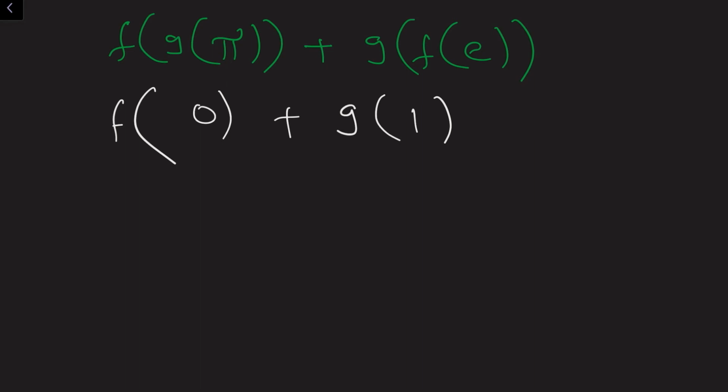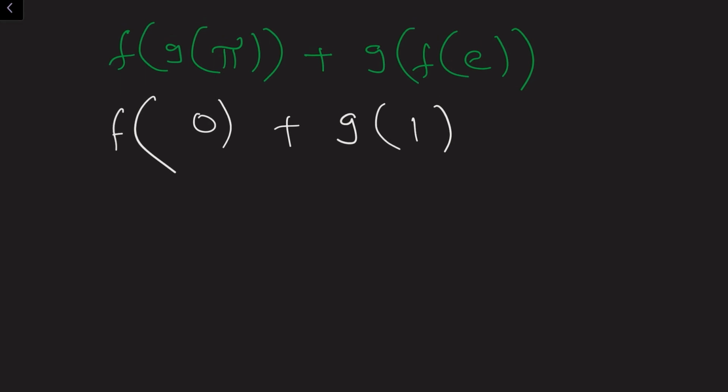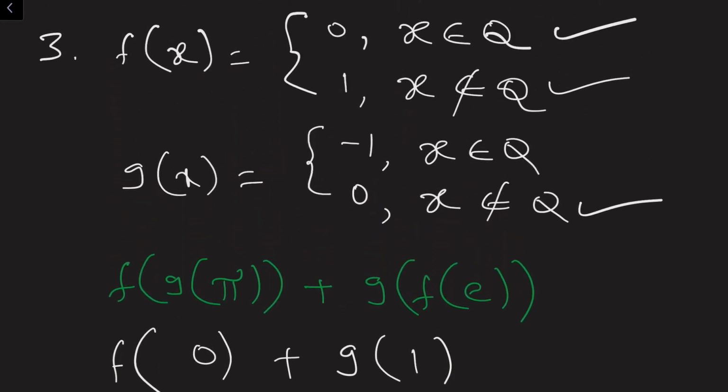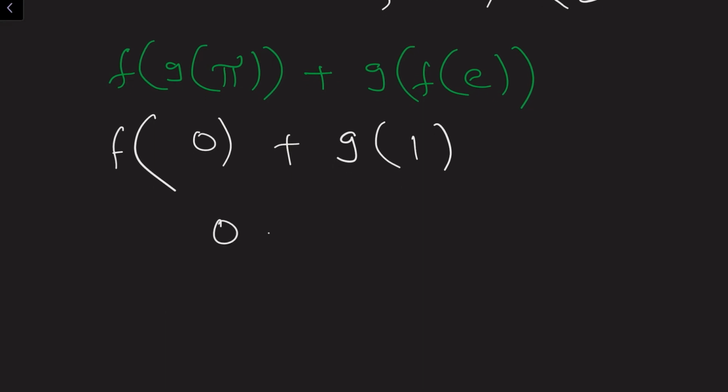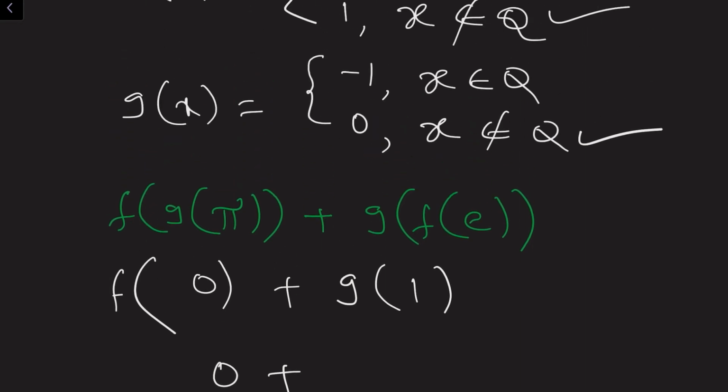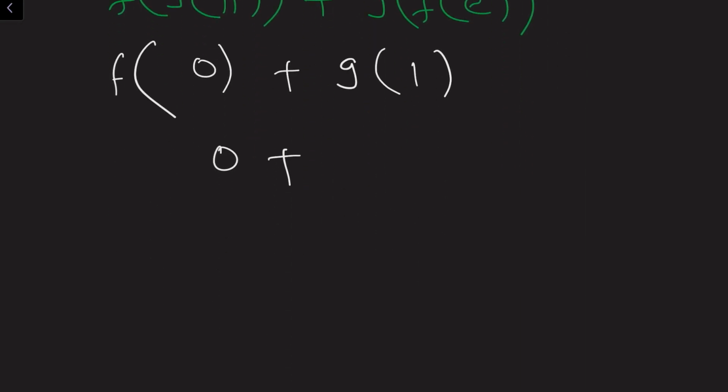Now f of 0: 0 is a rational number. In the f function, rational numbers give 0, again plus g of 1. In the function g, 1 is a rational number. In the function g, rational numbers give minus 1. So 0 plus minus 1, that is 0 minus 1, which is nothing but minus 1.